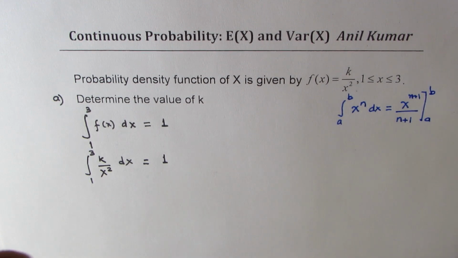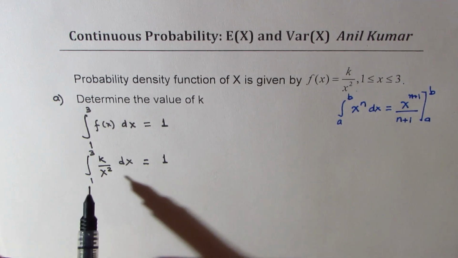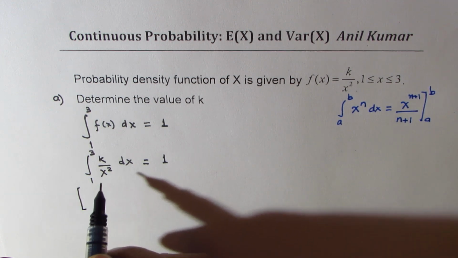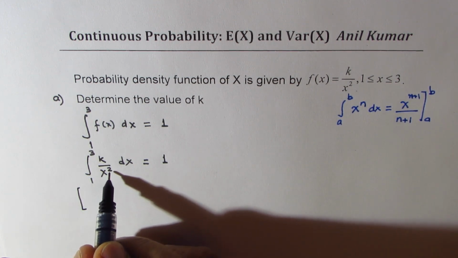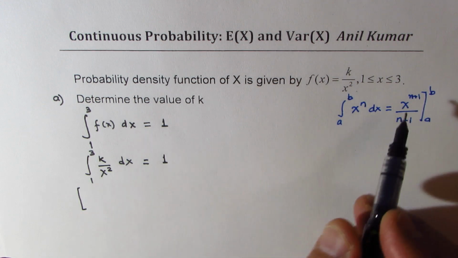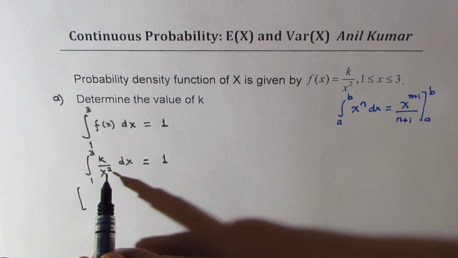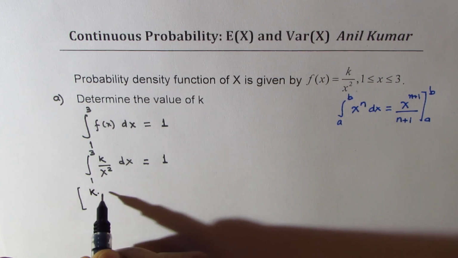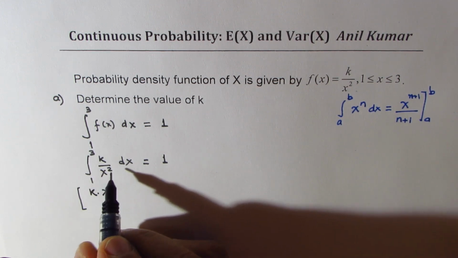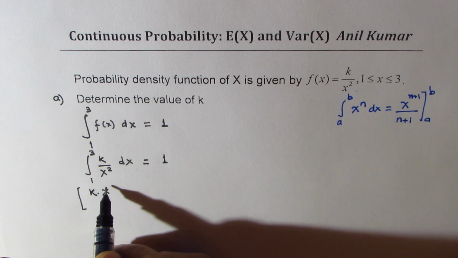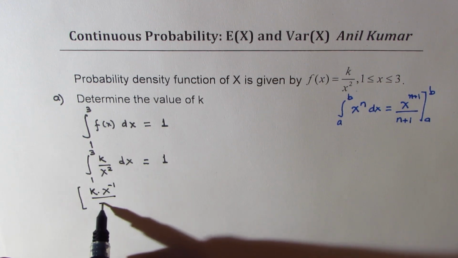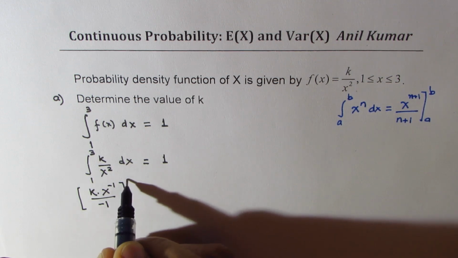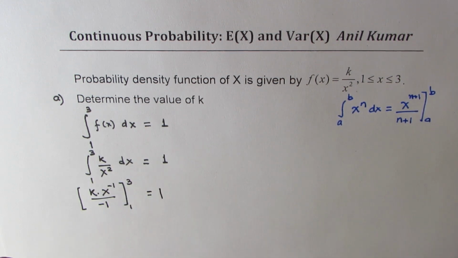So applying this formula, we can write down the integral of this as, this is x to the power of minus 2, right? So when you add 1, it becomes minus 1. So it is k times x to the power of minus 1, divided by minus 1, within interval 1 to 3 equals 1, correct?